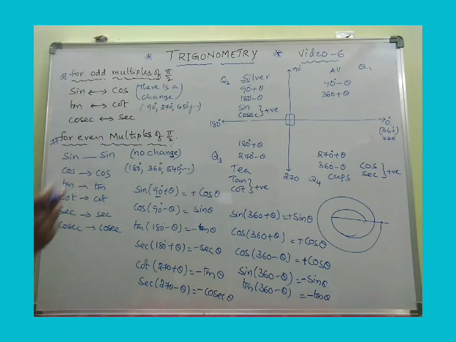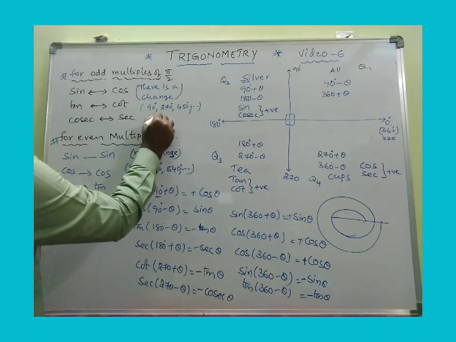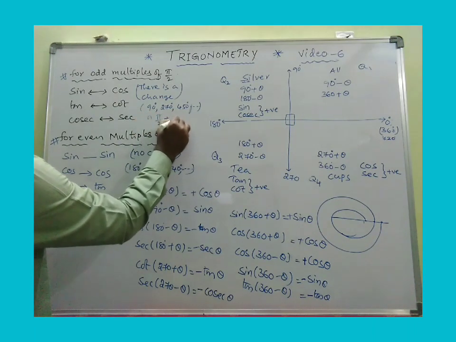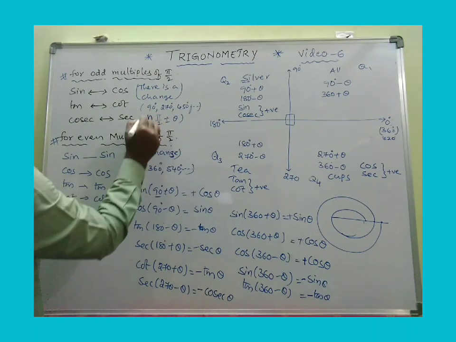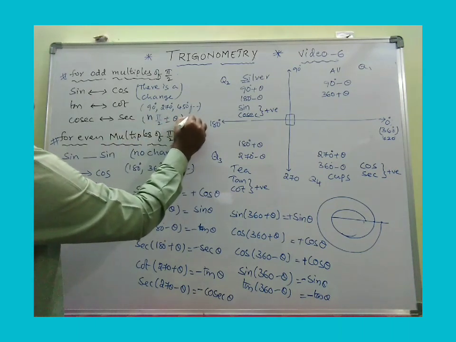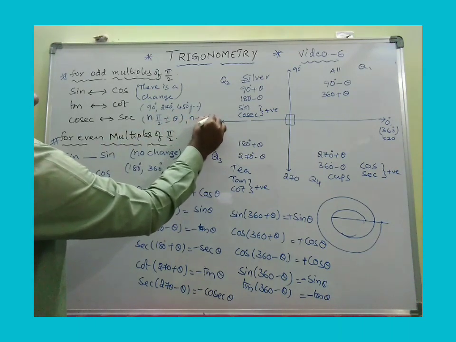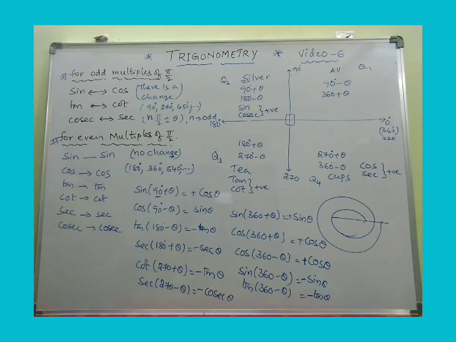These are nothing but n into pi by 2 plus or minus theta, where n is odd. Then sine changes into cos, cos changes into sine. Similarly, tan changes into cot, cot changes into tan. And cosecant changes into secant, and secant changes into cosecant.